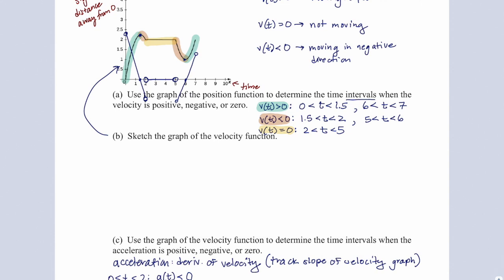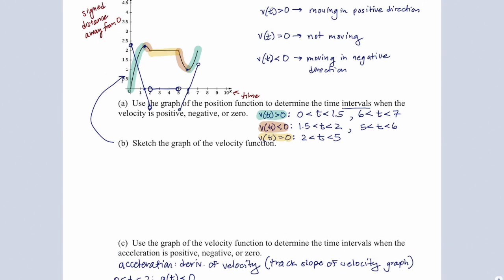On the stretch between 2 and 5, where the velocity is a constant and it's 0, the acceleration is just also 0 because the slope of that horizontal line is 0. And then on the stretch between 5 and 7, I can see that the velocity is a linear function with positive slope, and then that means the slope of that, the acceleration, is positive.